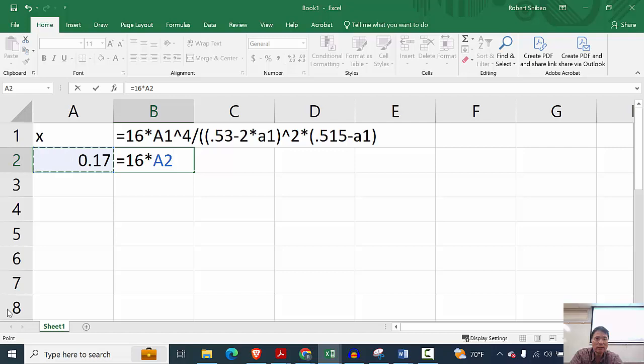And this is just going to be to the fourth, divided by parentheses 0.53 minus 2 times A2, those parentheses, square that, times 0.515.